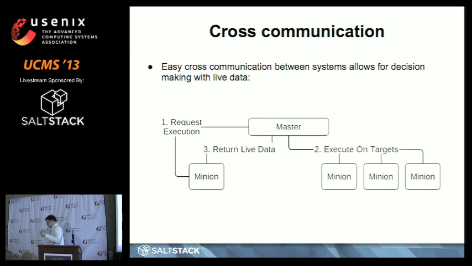And they're able to execute routines on live data, information about what's really going on in the infrastructure right now. And again, that's something that we really are only able to achieve because our remote execution is fast enough to pull it off.